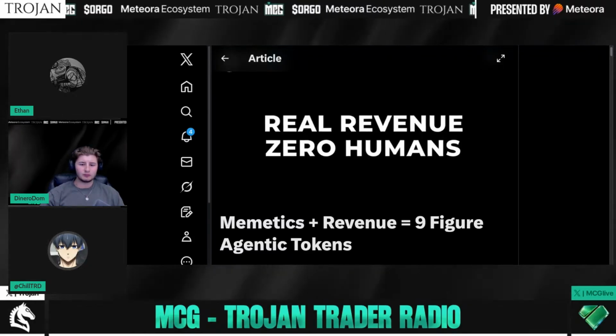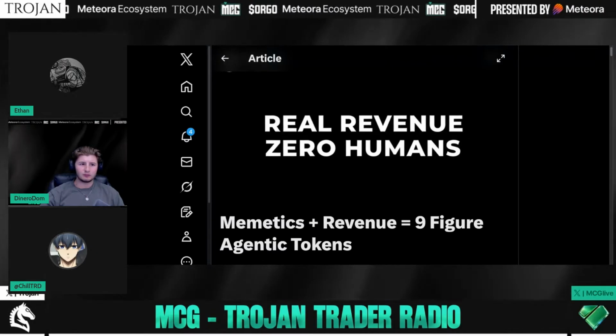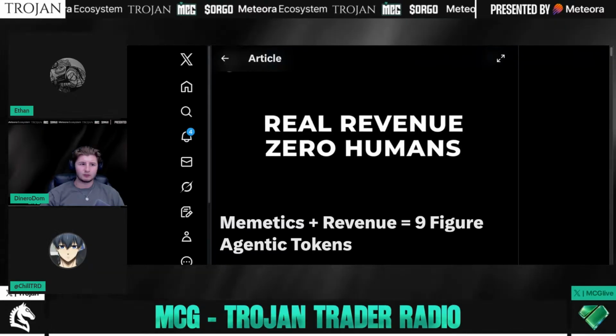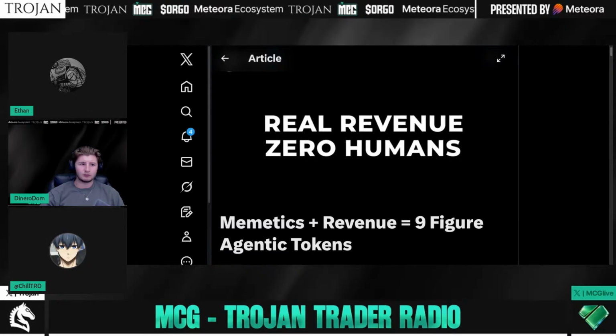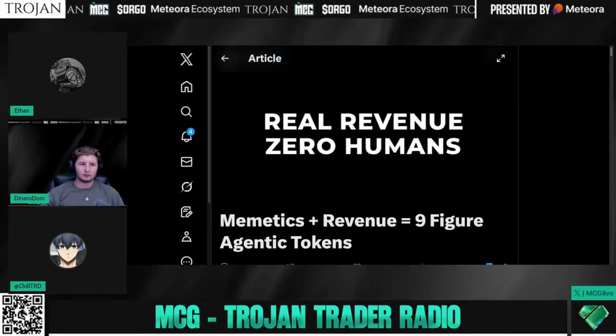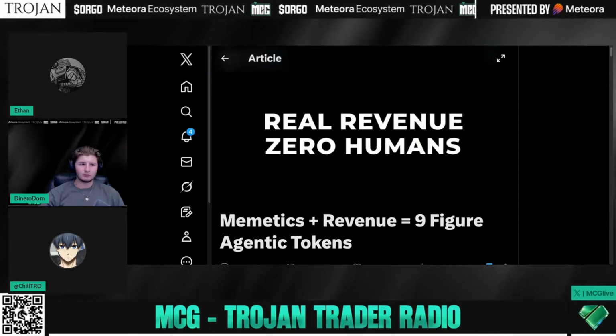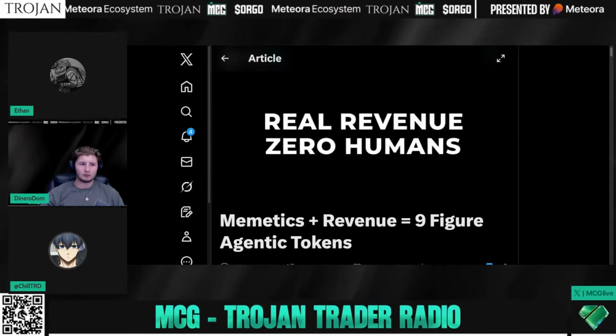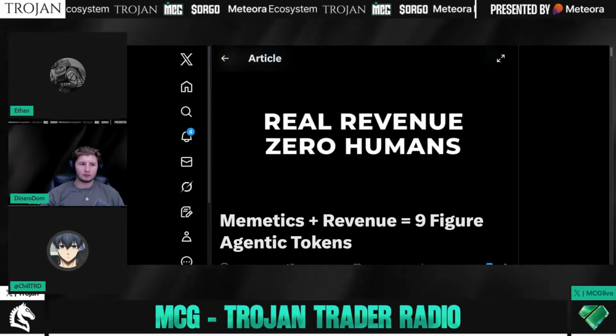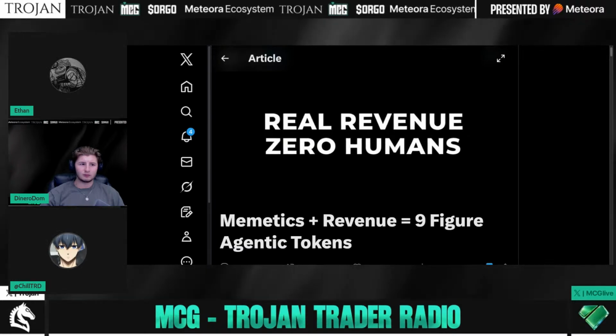But even on that bounce, some of the things that bounced the hardest were these AI agent tokens. So narrative wise, from a demand standpoint, it's clear that this is what a lot of people will buy. It's just a matter of the larger market shaping up. I didn't think about that. That's a really good take.